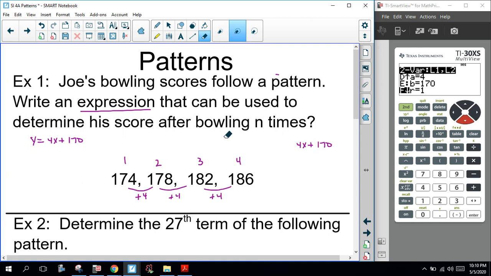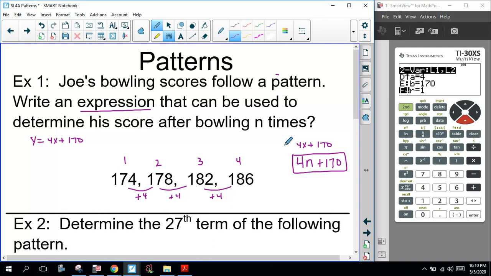There's your expression. But then it says to write it in terms of n, so they're giving us the variable of n. They don't want us to use the x. So we would just write it with an n instead of the x. So 4n plus 170. And this is an expression that represents that pattern.